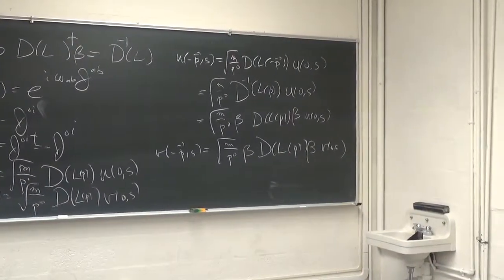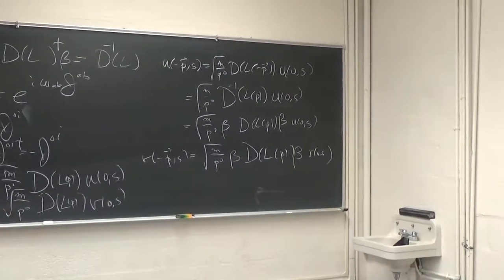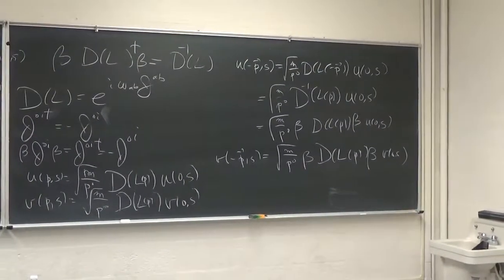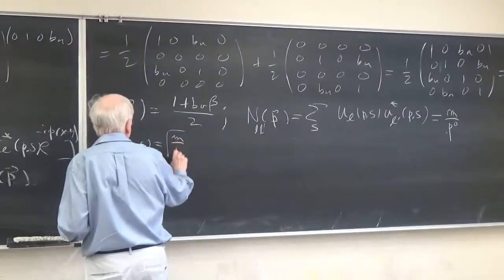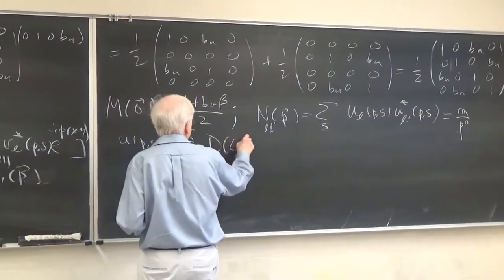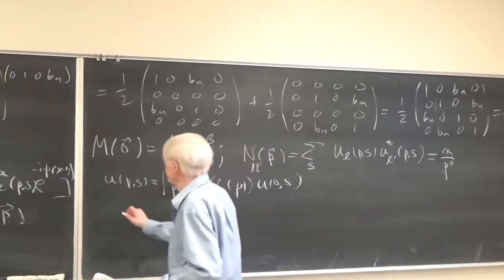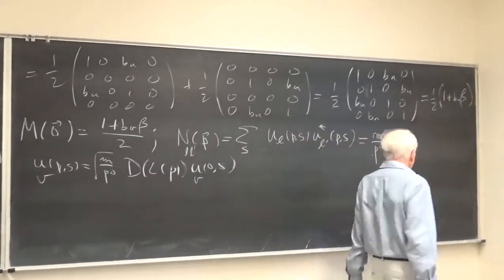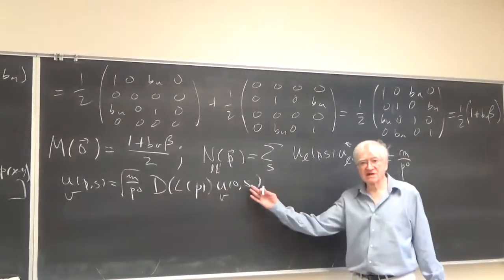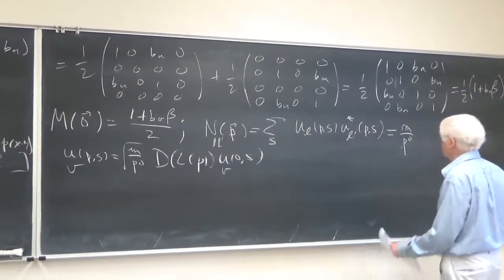Oh, those are unfortunately for minus P. All right, let me just bring the thing around this way again, and I'll write them again. Recall that U of P and S is the square root of M over P0, D of L of P, U of 0 and S, and the same thing for V. So that's how we get from the zero-momentum spinors to the finite momentum spinors.